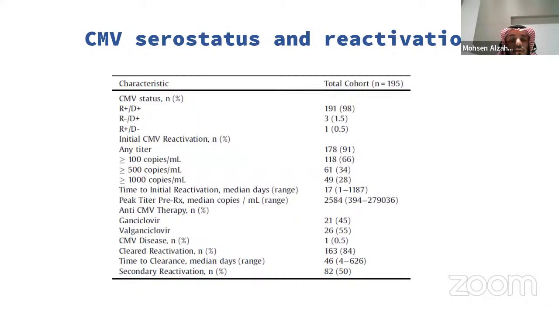Only 28% reached a level above 1,000, while 66% were above 100 and 34% above 500. And the time to initial reactivation was 17 days.